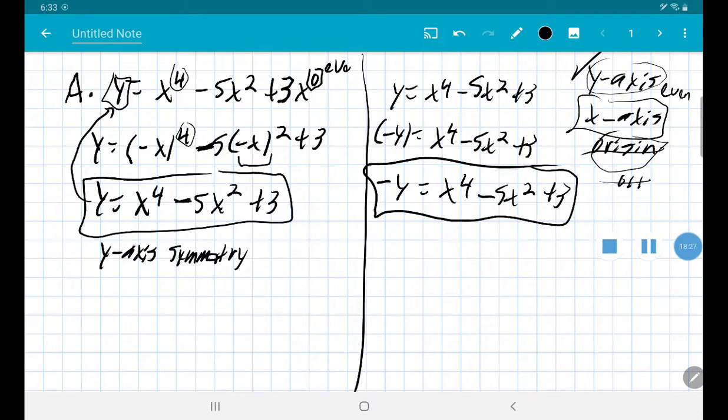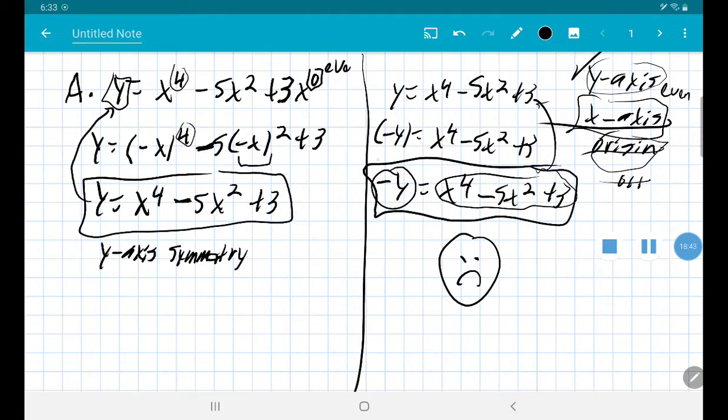Does this look exactly like that? No. So this one only has y-axis symmetry. You might say, well, this side's exactly the same. Yeah, but is this side exactly the same? The answer is no. Okay, let's continue.